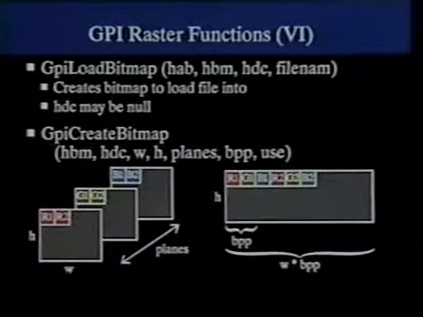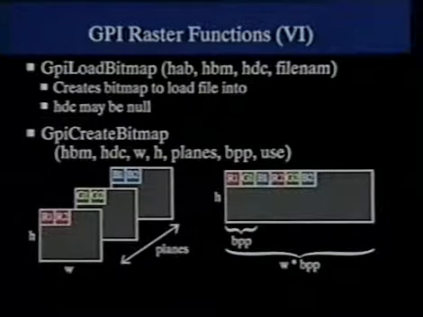And finally, the next set of raster functions I want to look at allow you to load up a bitmap. When you create a bitmap, as seen in the bottom of this image, you can specify whether or not all of the red bits or the green bits or the blue bits for a particular pixel are together on separate planes, which is what we call the planar representation, or you can specify that perhaps the image has all of the bits for each pixel, red, green, and blue, packed together.